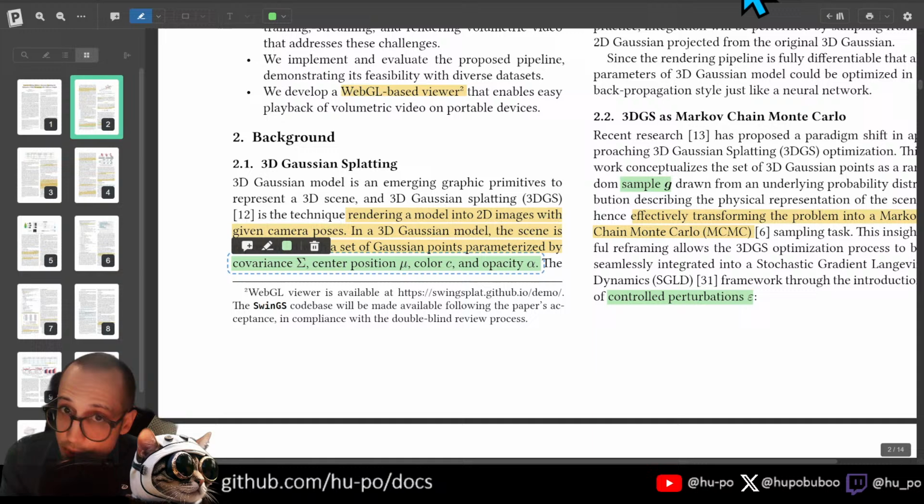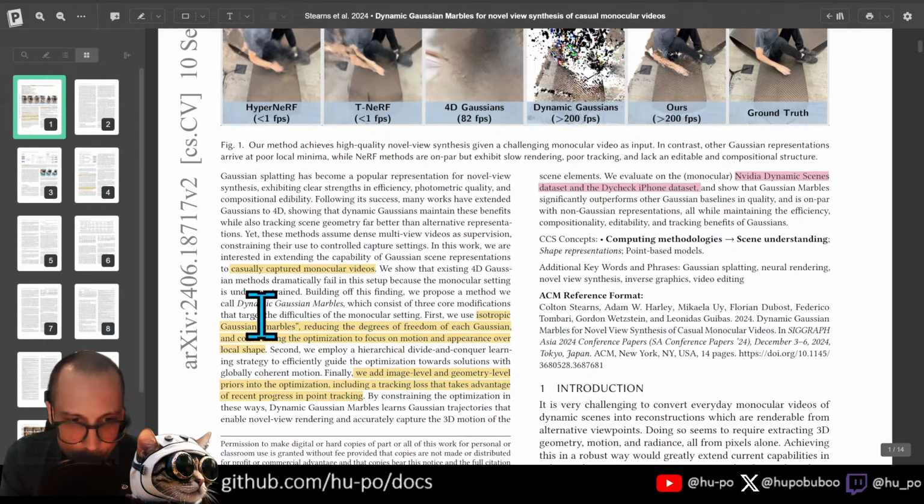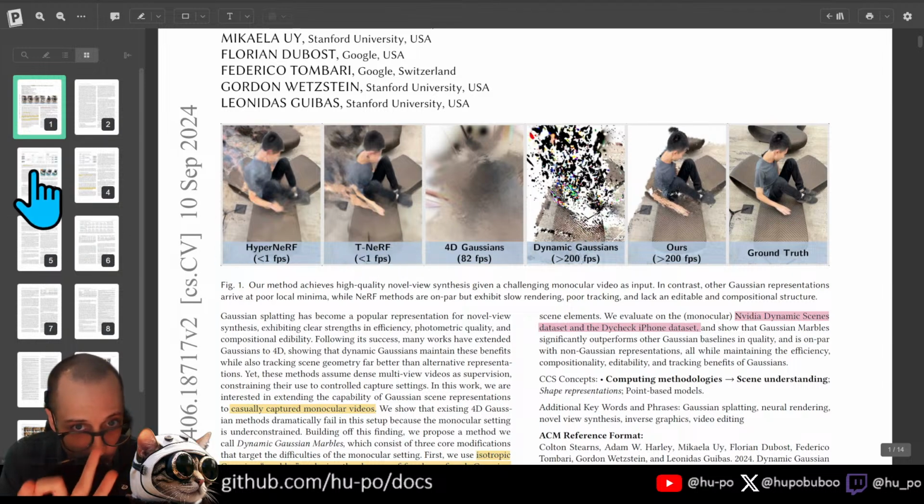So in this paper, what they said is, hey, what if we just made it simpler? What if we have isotropic Gaussian marbles? Isotropic basically means it's the same no matter where you look at it from. That's really just a fancy way of saying that rather than having these little spreadable different shaped Gaussians, every single one of them is the same. It's just a little circle, a little ball, a little marble, right?